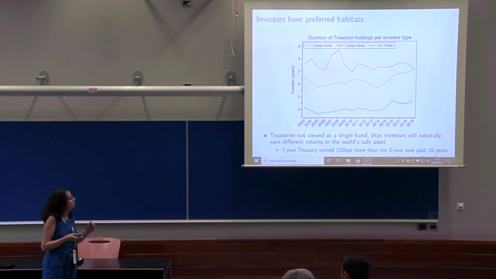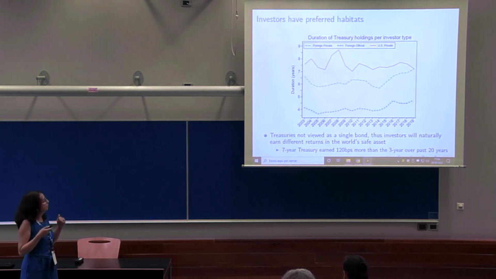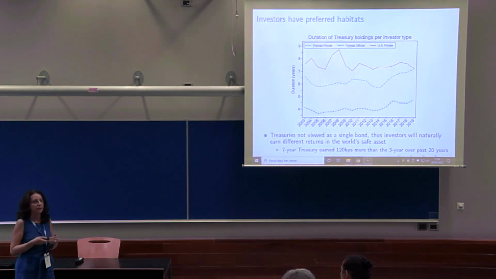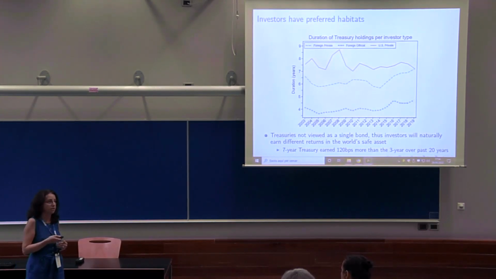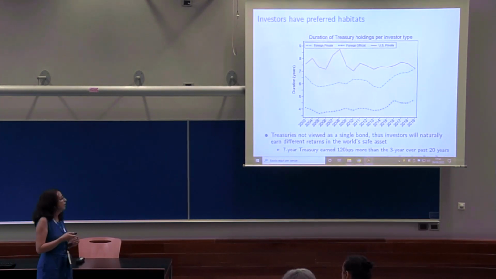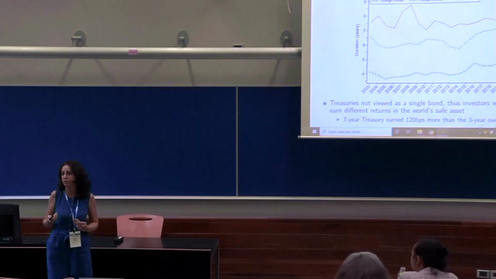And importantly, because of this composition of the portfolio and this persistence of different preferences for different duration, this will naturally translate into different returns just because the duration of the bonds they hold is different. For example, if we take the 7-year treasury and the 3-year treasury, which is roughly the difference between the duration of the US private and foreign official investors, the difference is 120 basis points. So just because of this different composition, the returns would be different.